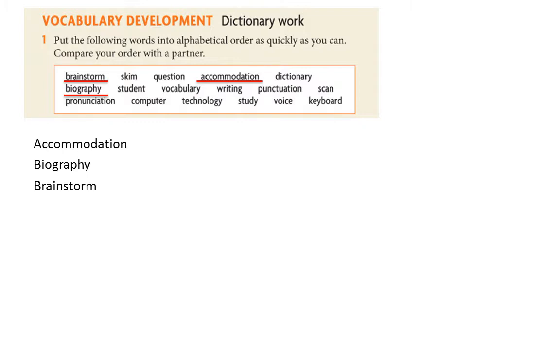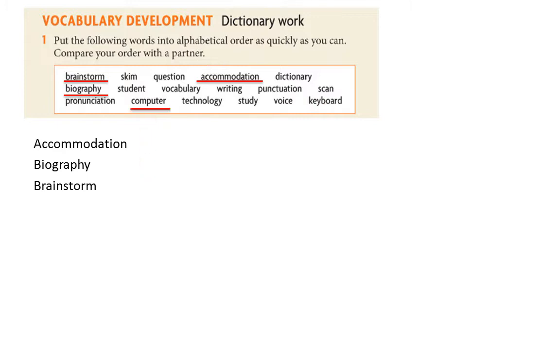Now, let us together look for a word or words started with the third letter, which is C. Now we are scanning the words to see which of them start with C. We have computer. Computer starts with C, and we do not have another word.